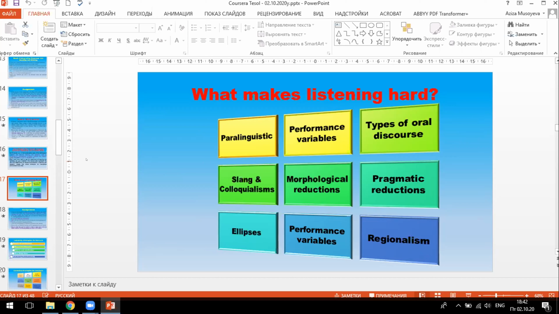No ideas? Okay, so can we give some ideas from the point of view of our students? Yeah, go on, please. If we speak about paralinguistic aspects, we can speak about our students' difficulties.